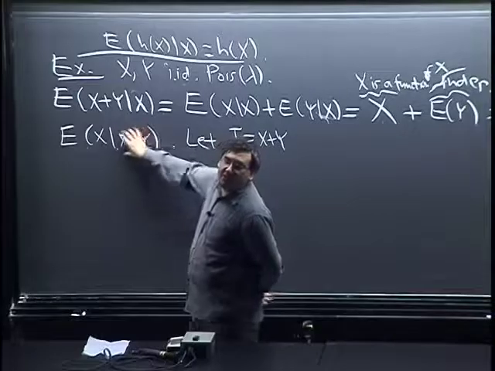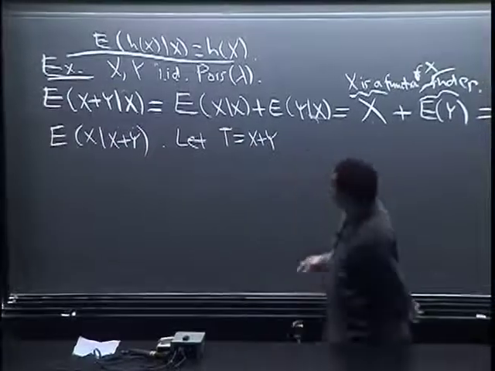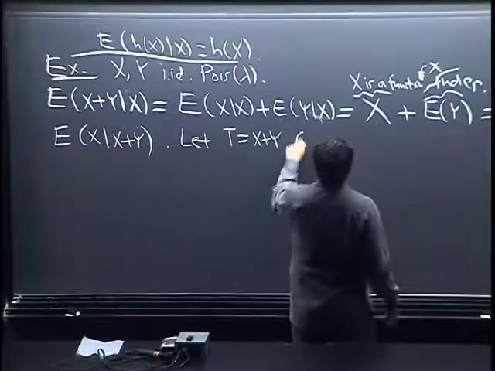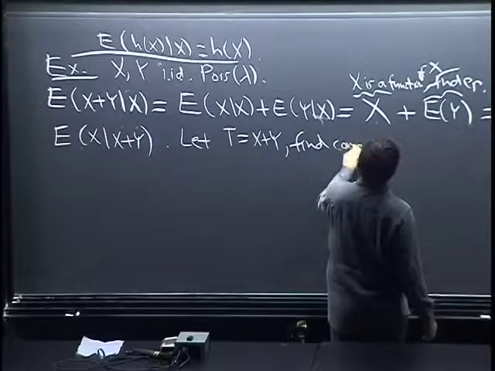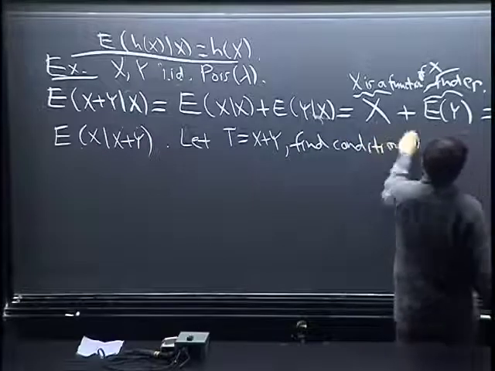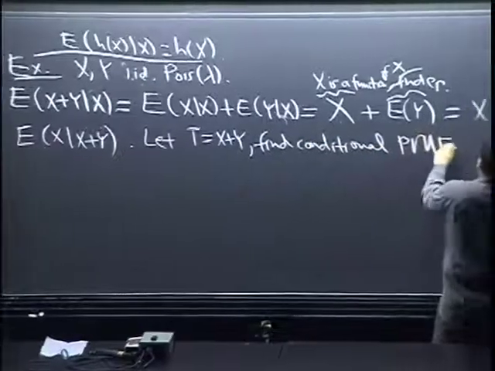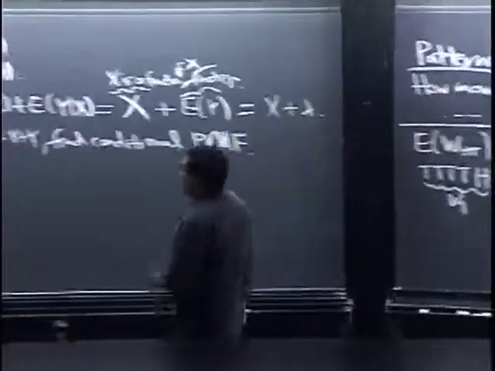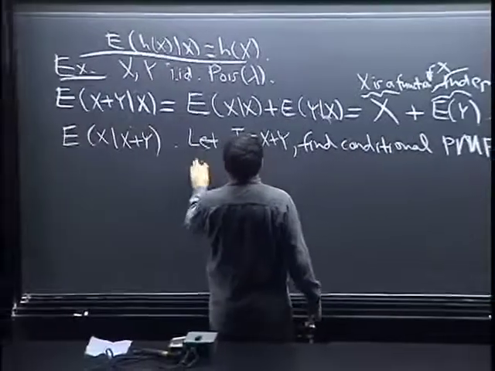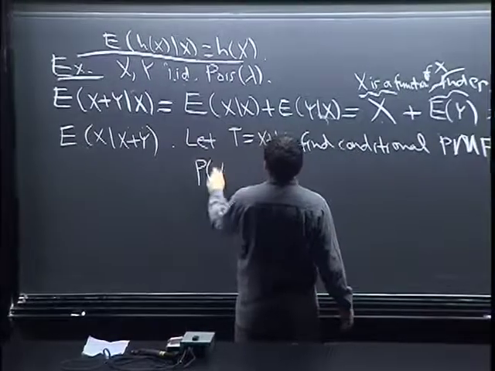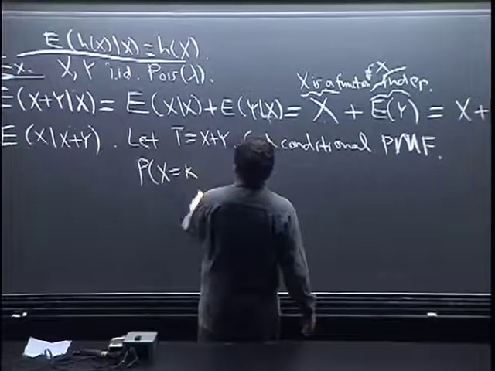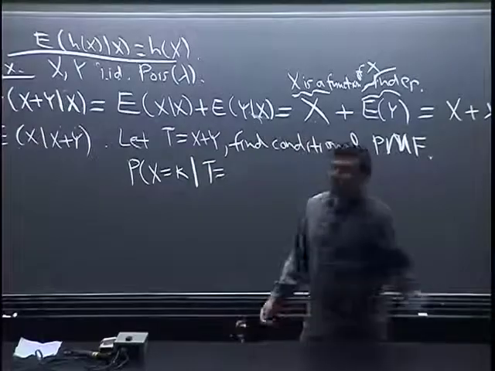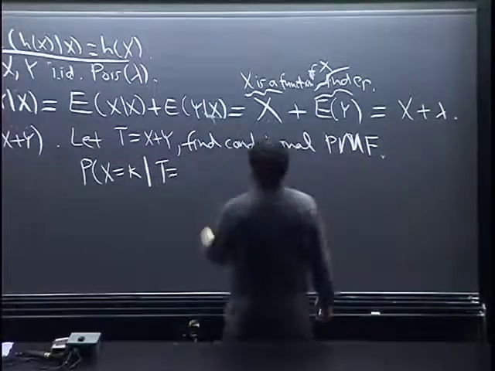But given this information, treating T as known, we need a conditional PMF. This is similar to other problems we've seen, but let's just compute it for practice. We want the probability that X equals k, let's say, given that T equals some number, let's say n.